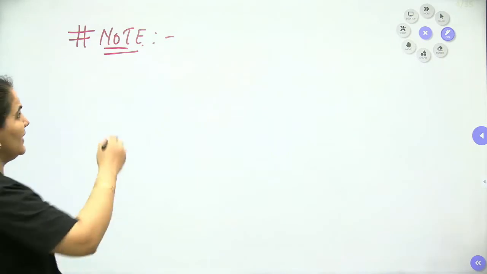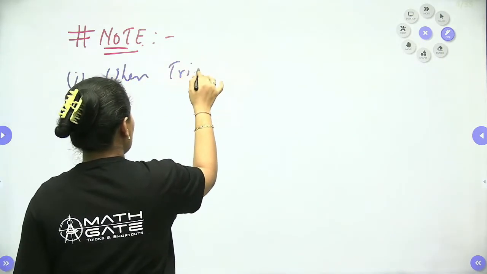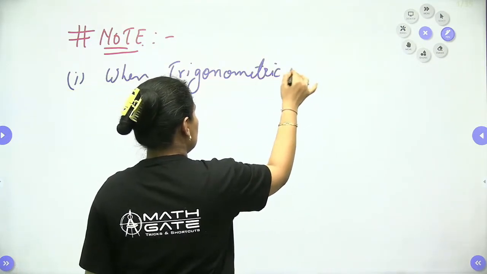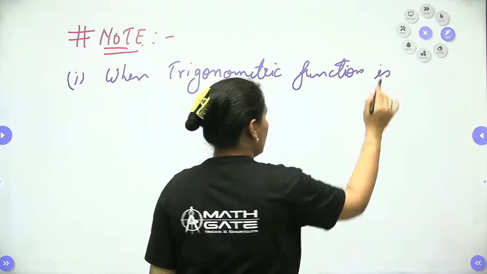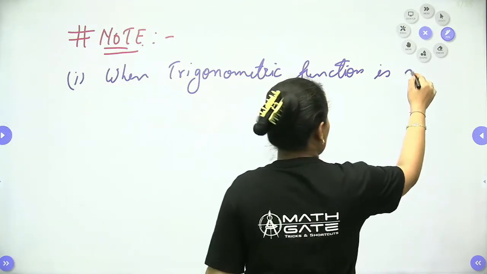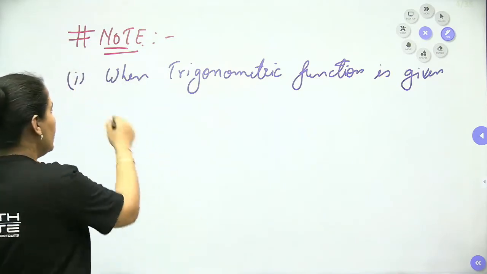The first statement is: when a trigonometric function is given or there, then you have to consider the angle only.